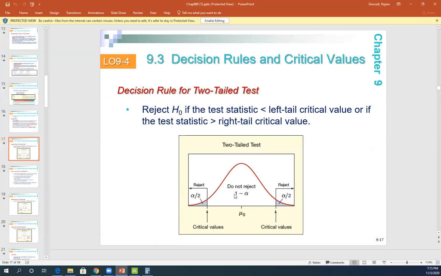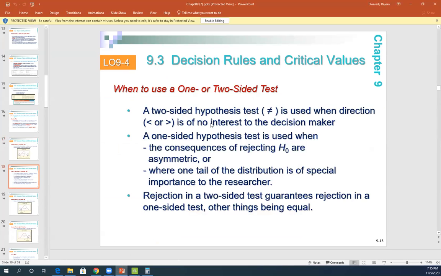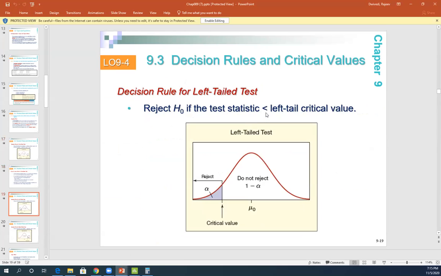So this is a rejection region, this is an acceptance region. This is the not equal sign. When you are doing equal or unequal, we always use the two-tail test. Reject the null hypothesis if the test statistic falls in the left tail. So basically what is happening here, all 95% is this side.